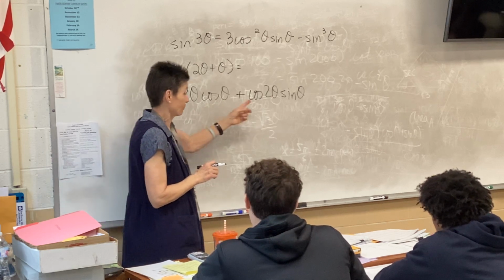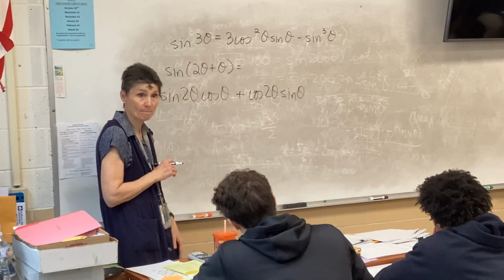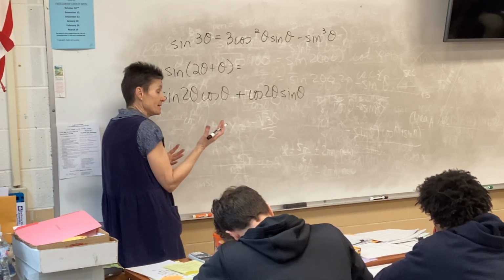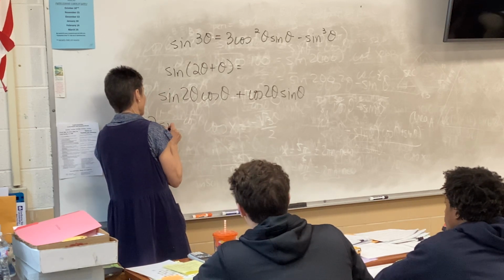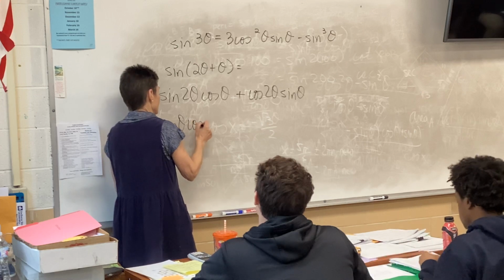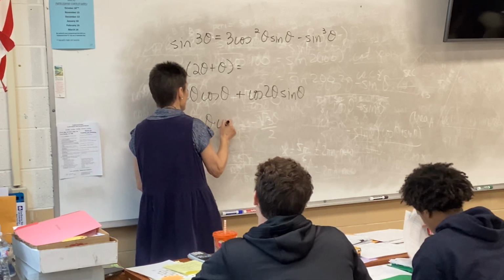Now my problem's full of 2 thetas, but I have formulas for them, identities for them. What's the sine of 2 theta? 2 sine cosine times cosine.